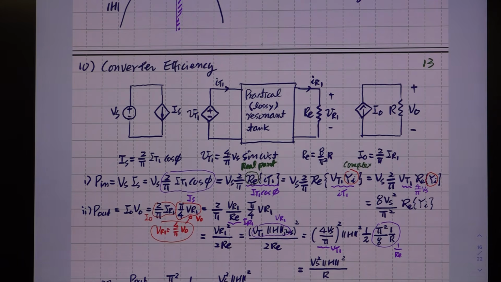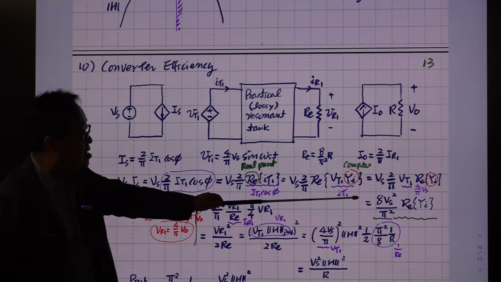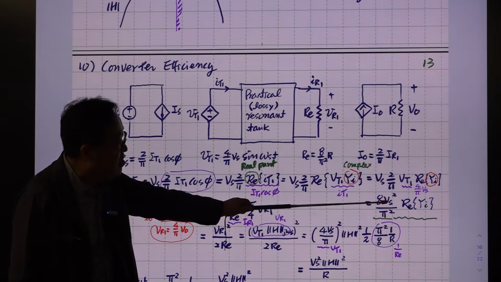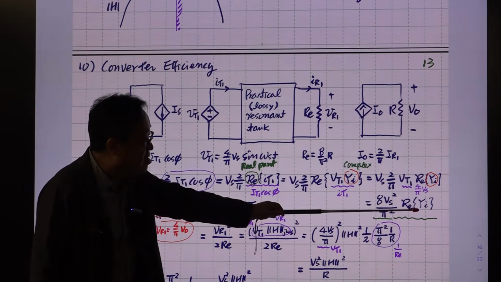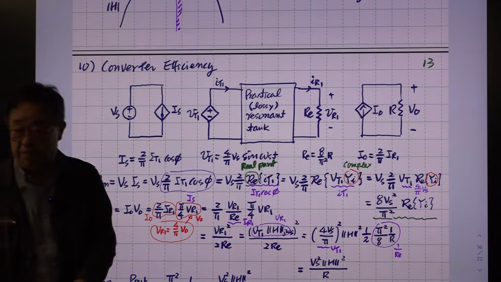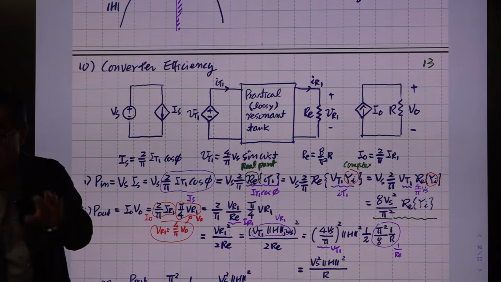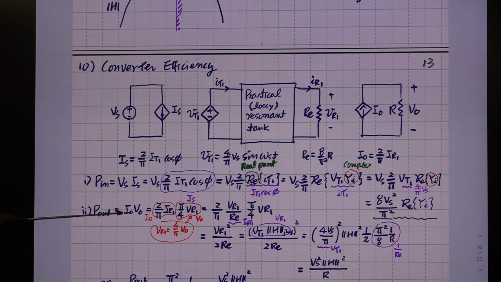Okay, then you follow this, very simple. Then the P in you are putting in is expressed like this. This is the DC input voltage, and this is the real part of the admittance, evaluated at the switching frequency. All right, P out is this one.